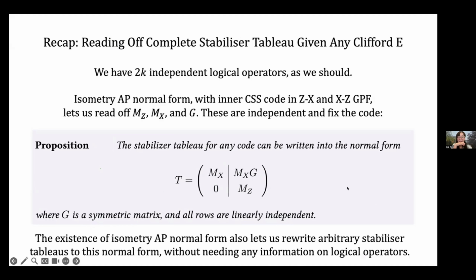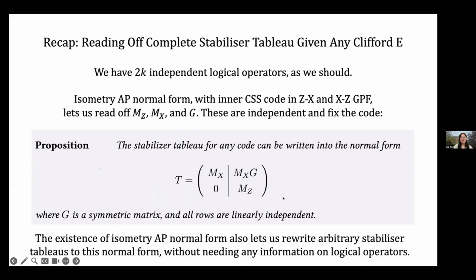And quite interesting is that even though we just have an algorithm to take a Clifford encoder and get from that a tableau for the code in this normal form, we actually can also use that information to write arbitrary stabilizer tableaus for arbitrary stabilizer codes into this normal form, even if we're not explicitly given an encoder.